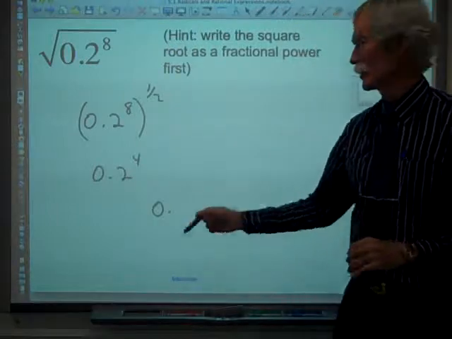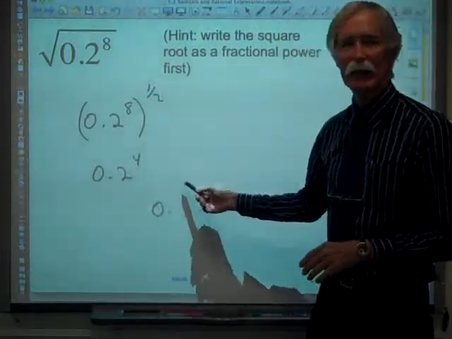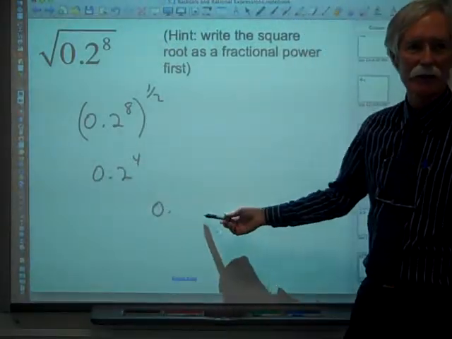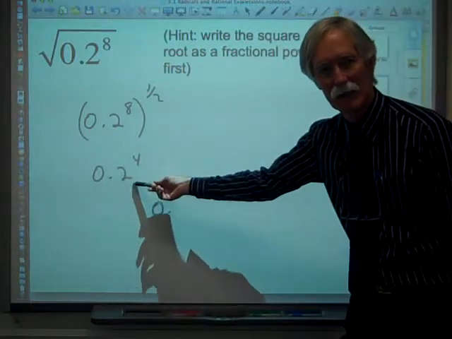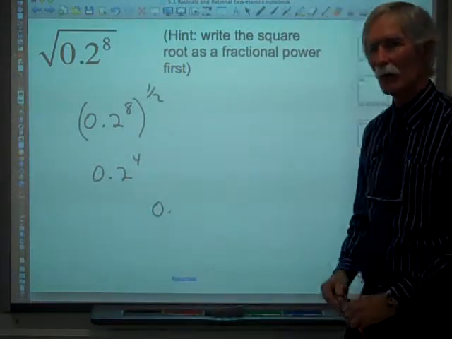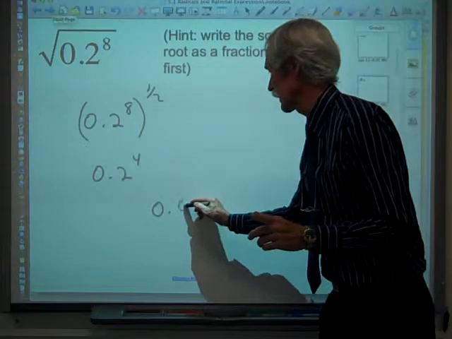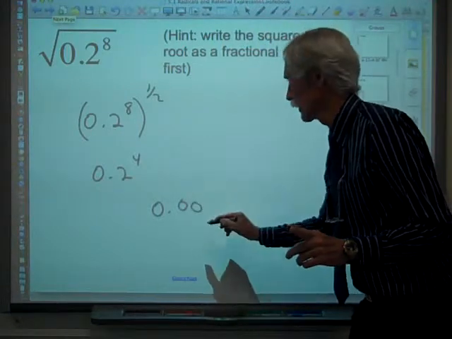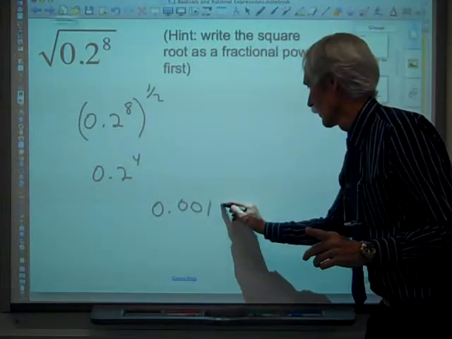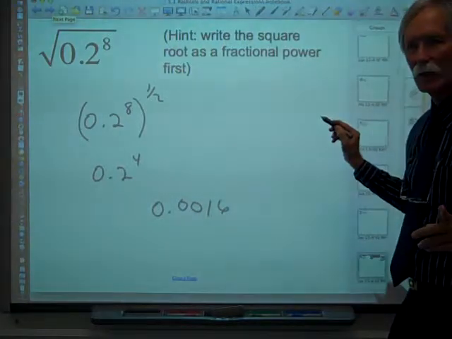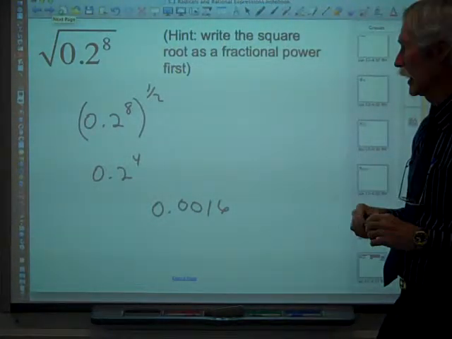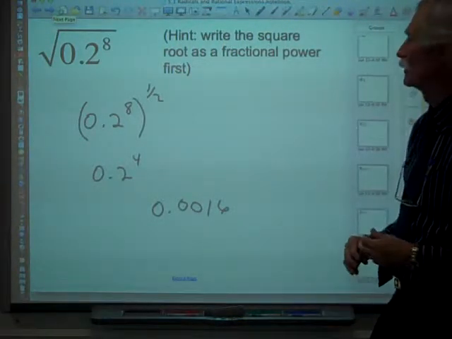No calculator allowed, so how do you write 16? How many decimal places does this need, if it's this times this times this 4 times? 4 decimal places. So how do I get 16? 0.0016. Is that 4 decimal places now? Okay, so we're finally done here.